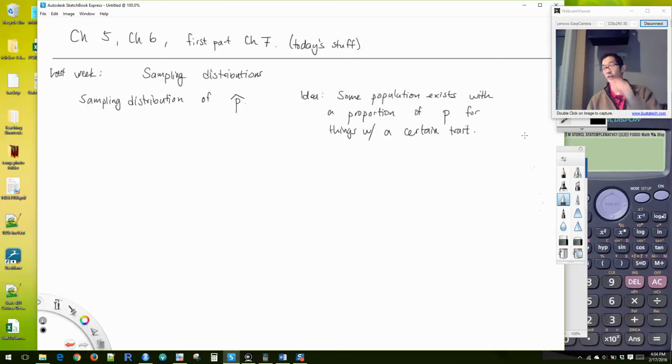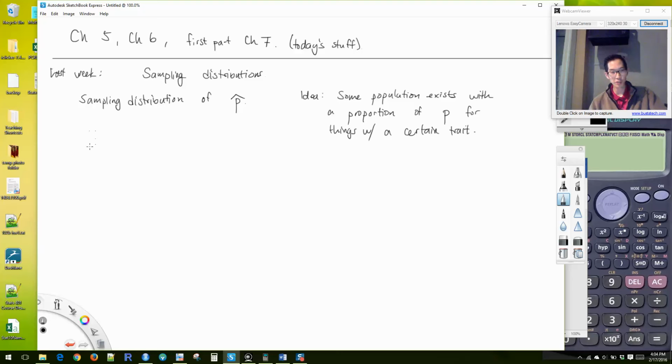On Friday, our example was a tub of Reese's Pieces candies, and we said some proportion p of them are orange. Maybe 30% of the candies in the tub are orange, or 40%. We said there's some value p.